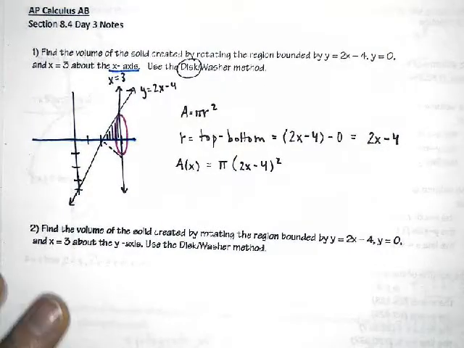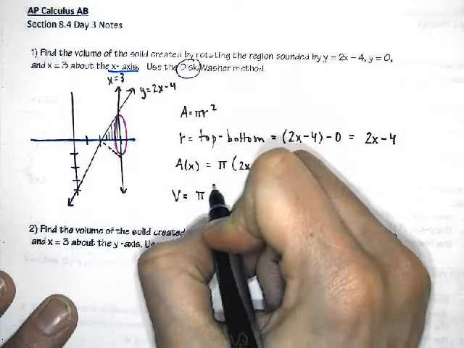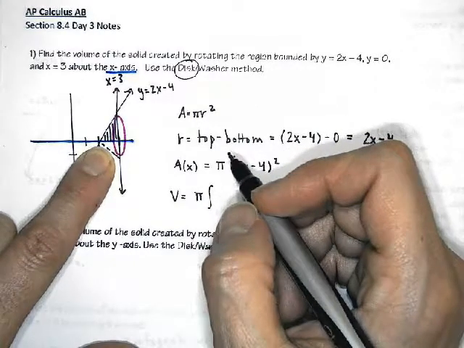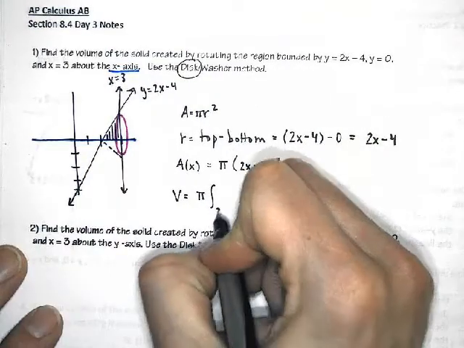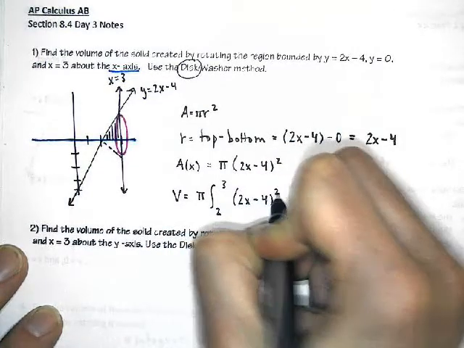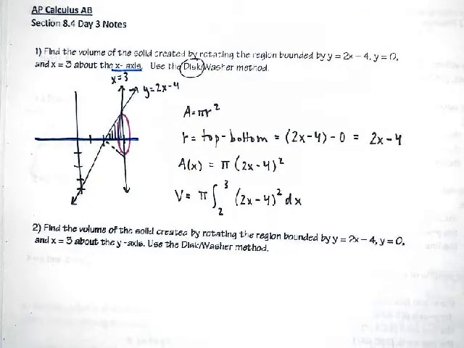Now all that's left to do is to find the volume. To find the volume, I'm going to integrate pi times the integral from 2 to 3 of 2x minus 4 quantity squared dx. And then I'm going to go to the calculator. We'll just use the calculator for all of these.